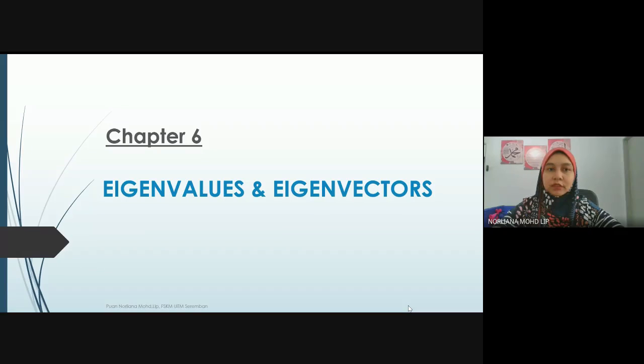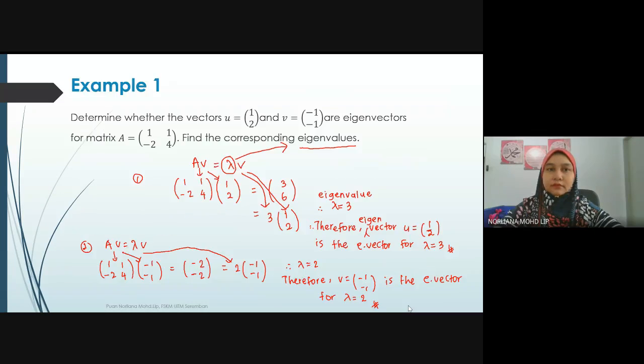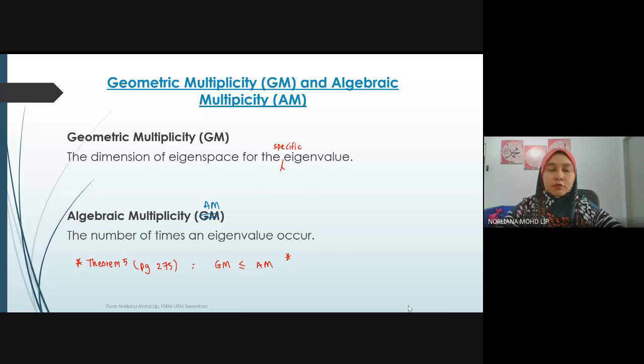Okay, last week we have learned the introduction of eigenvalues and eigenvectors. We have learned how to find the eigenvalues, or the lambda, and also to find the eigenvectors corresponding to each lambda. And also we have learned what is geometric multiplicity and algebraic multiplicity.